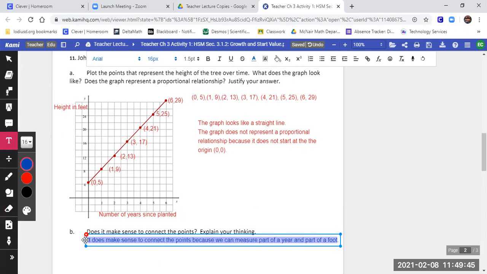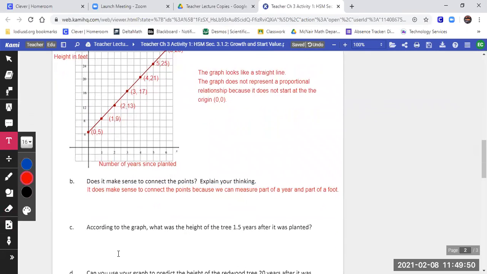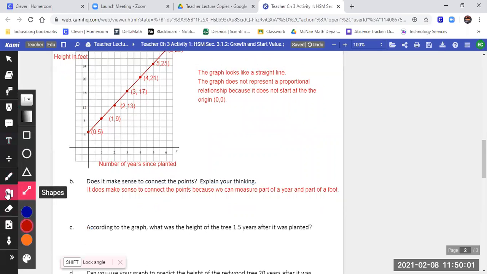I want that to be red so I can fix it. Okay. So we only connect when both measurements can be taken part of. According to the graph, what was the height in 1.5 years? So I need to go get my line.